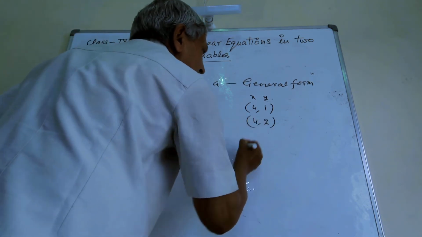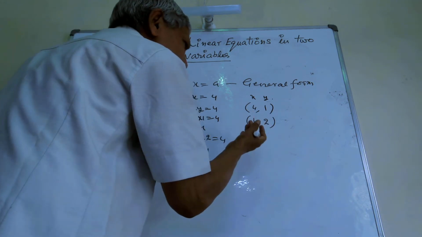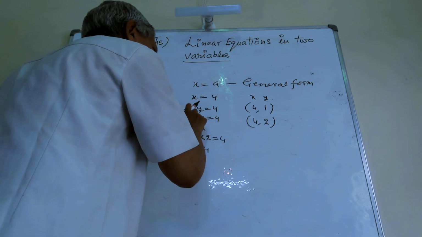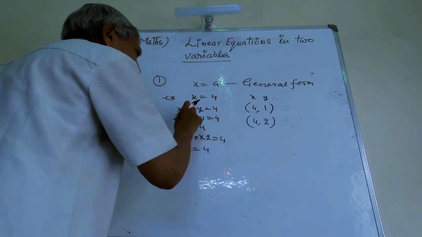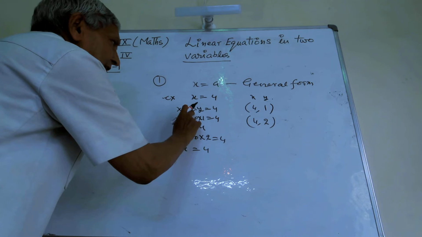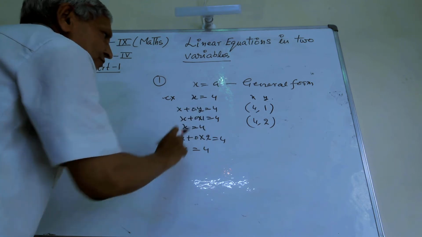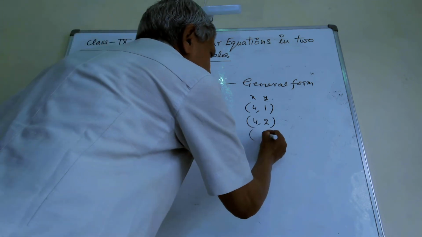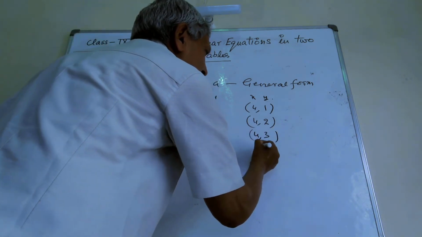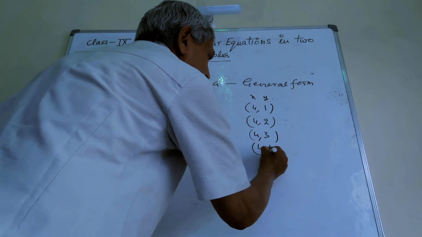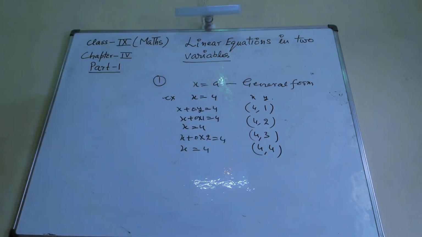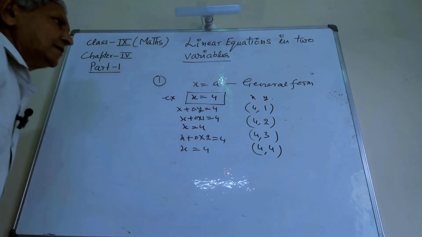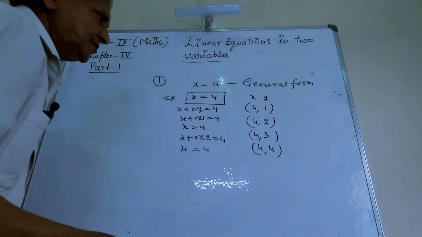The value of x will not change, because whatever the value of y may be, when multiplied by 0 it becomes 0. So in this way (4, 1), (4, 2), (4, 3), (4, 4) are the solutions of this equation, and these are the points.